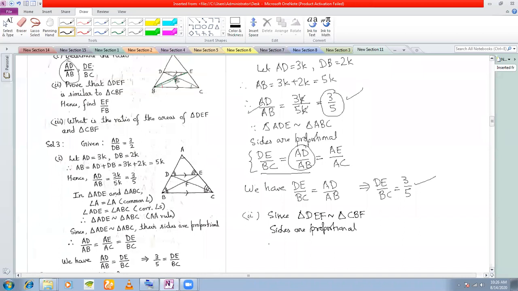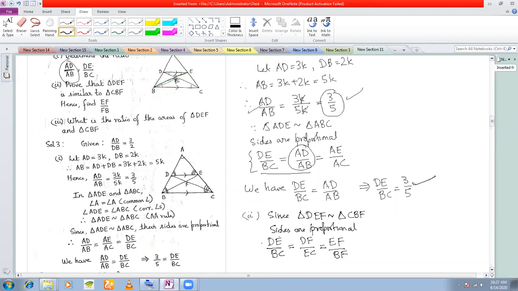Opposite to the black angle, you have DE by BC. Opposite to the red angle, you have DF by EC. And opposite to the green angles, you have the sides FE or EF by BF.